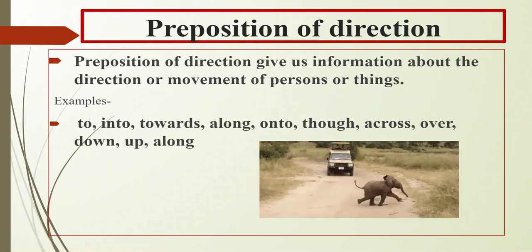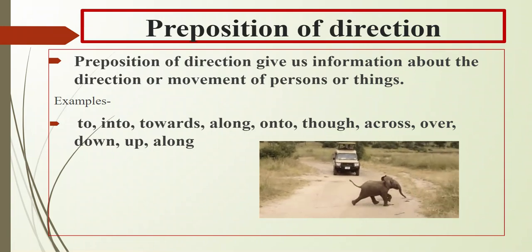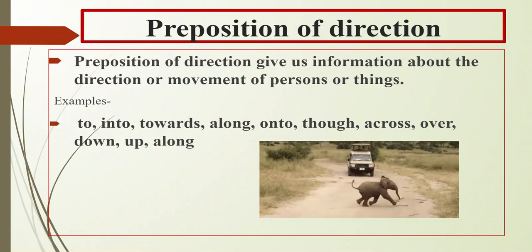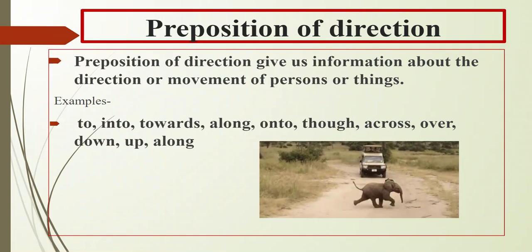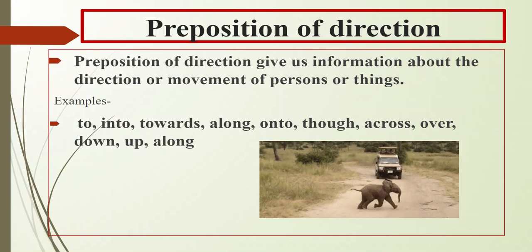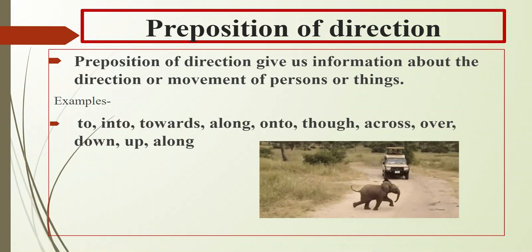Prepositions of direction give us information about the direction of movement of a person or things. For example, these are the most commonly used: to, into, towards, along, onto, through, across, over, up, down.